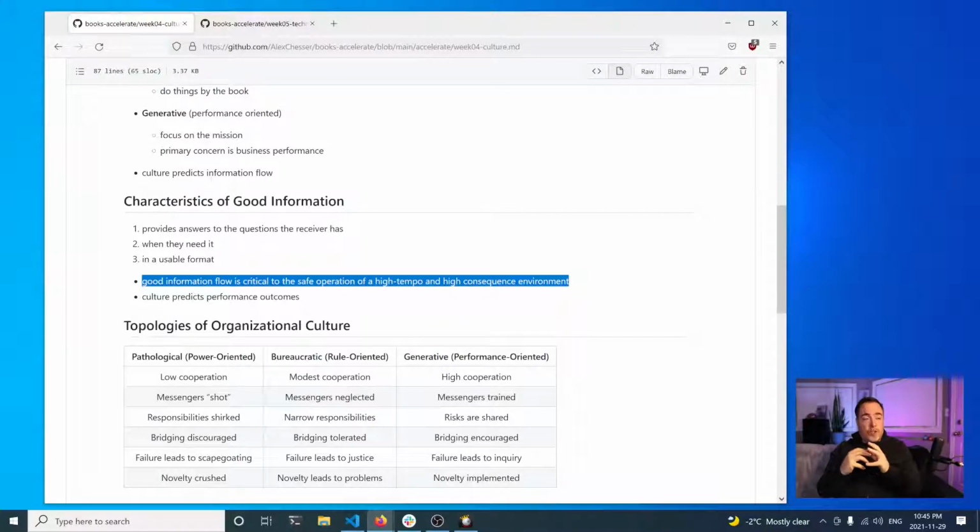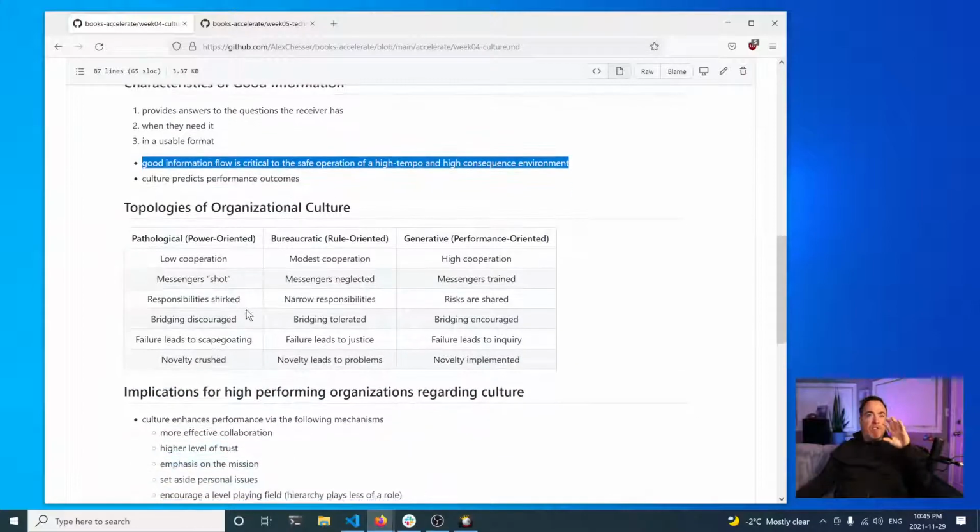The culture of the organization, so culture predicts information flow. Information flow helps predict performance outcomes. Okay? And therefore, through a number of other operations that we're going to see right on this table right here, culture of an organization predicts performance, right?